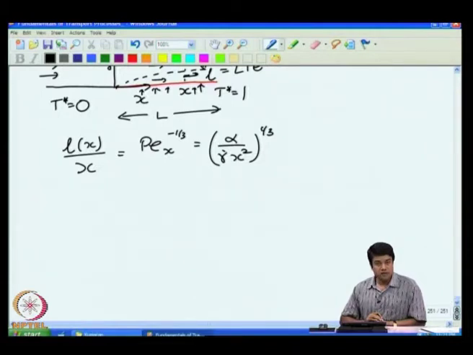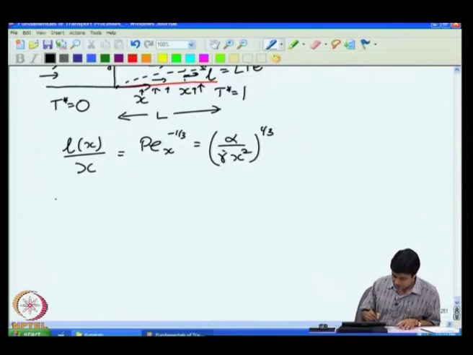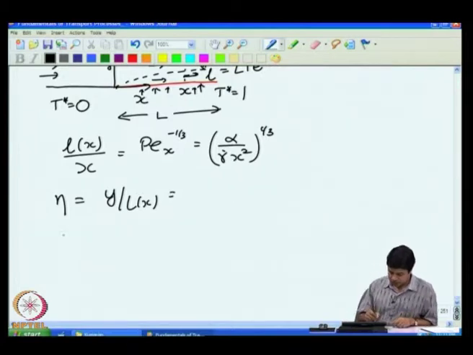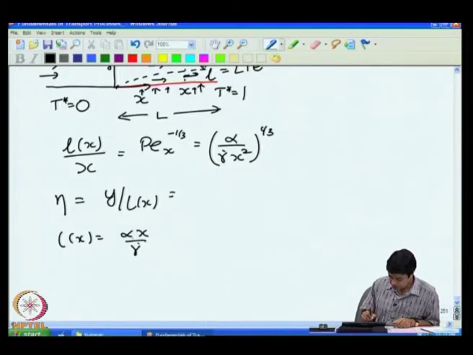This will enable us to get a similarity solution, because if the length scale in the y direction is L, then I can define a scaled similarity variable as y by L of x. And L of x is equal to (alpha x by gamma dot) to the power 1/3.